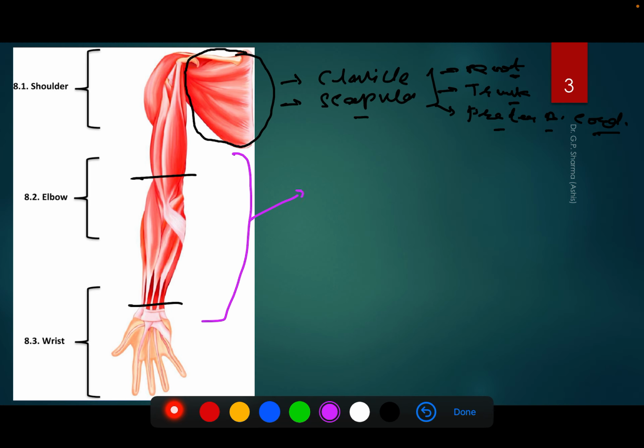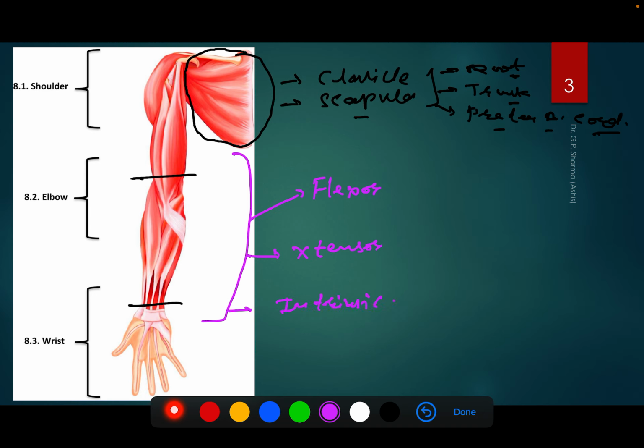One is flexor compartment and another one is extensor compartment. And in the hand we say these are the intrinsic muscles.